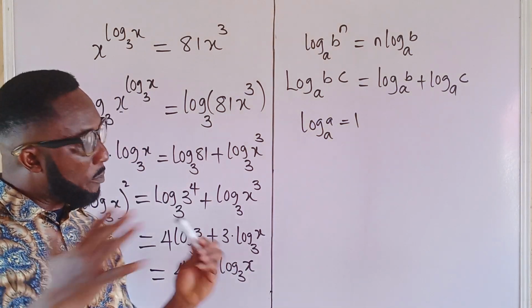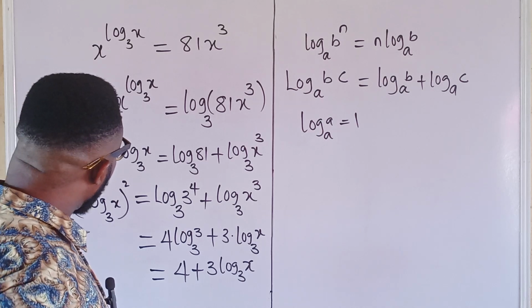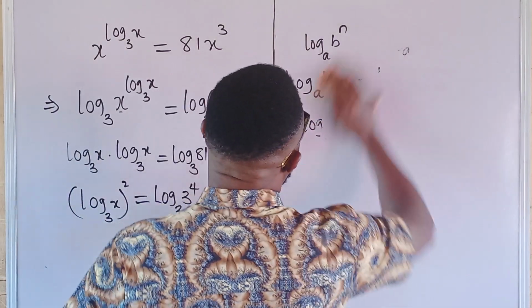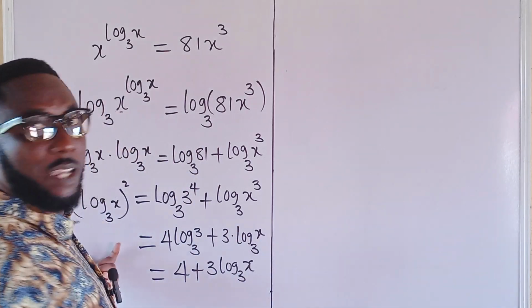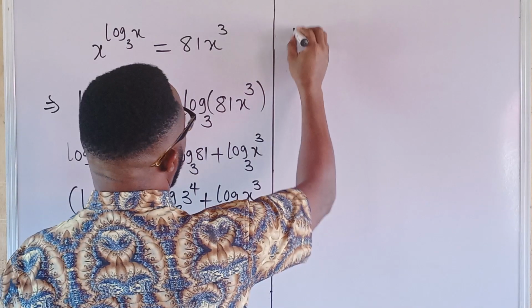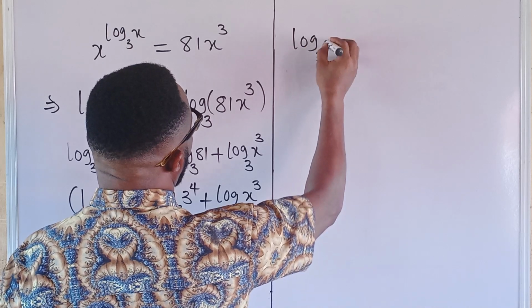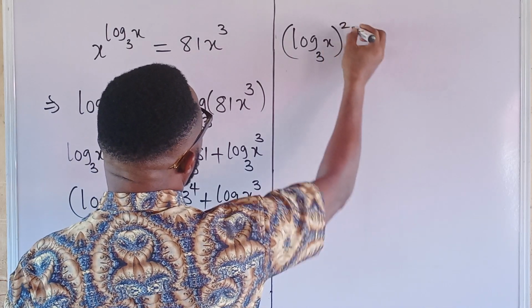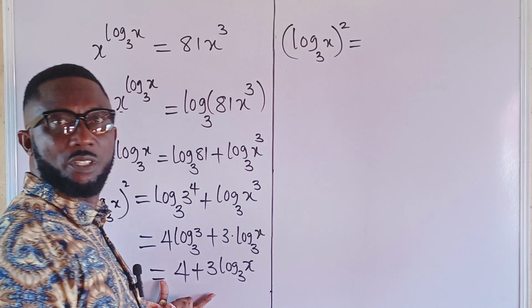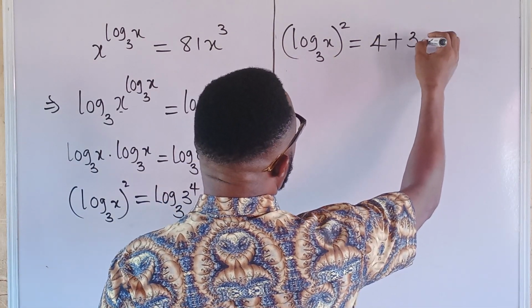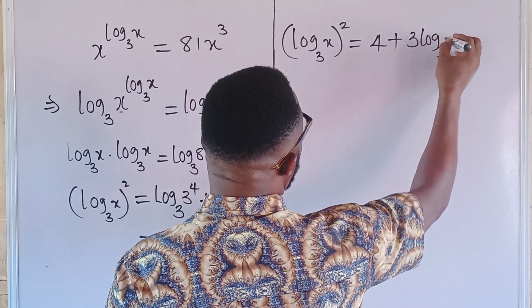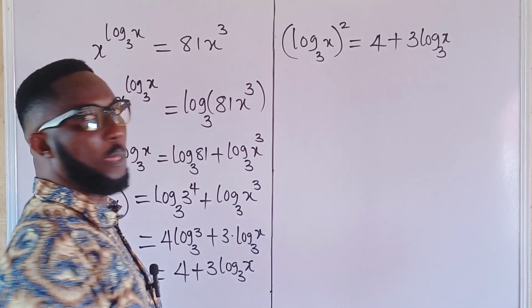Then I shall combine both the right side and the left side of the equations together. So we have on the left side log to base 3 of the argument x whole squared equal to, on the right side we have 4 plus 3 multiply log to base 3 of the argument x.